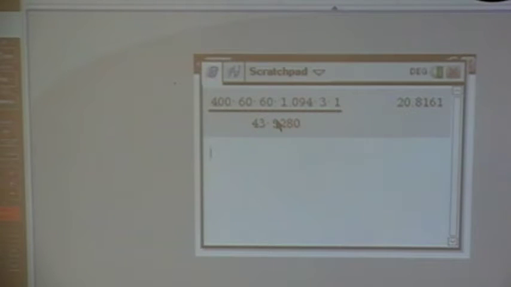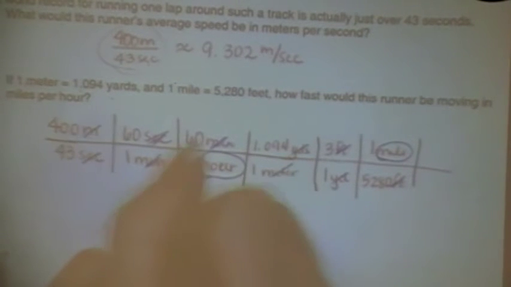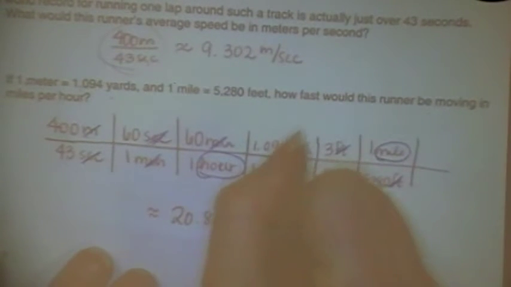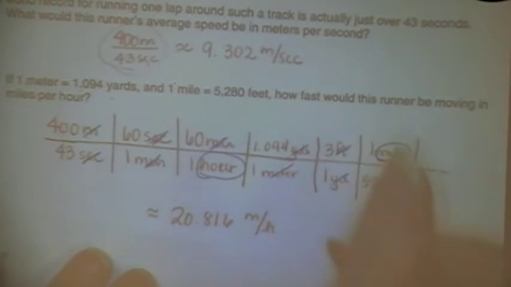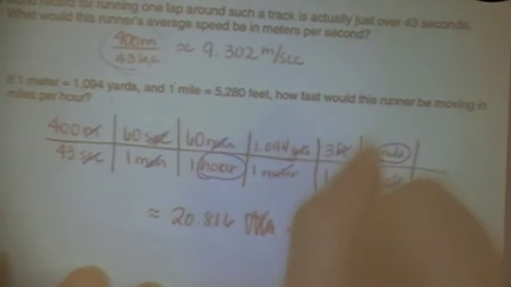And I get 20.816 is your answer. And we made sure our units were correct already. That's miles per hour. I guess I should write mph, because that looks like meters.